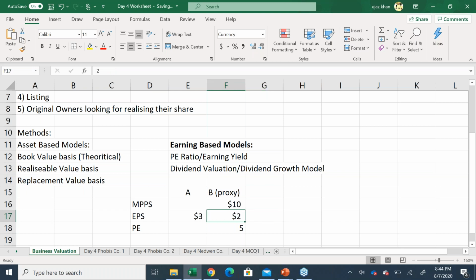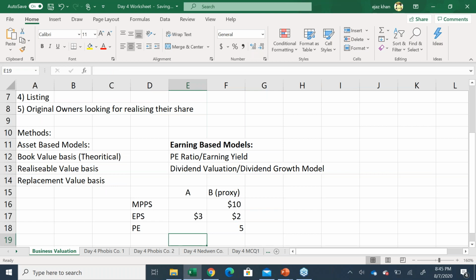This company is giving an earning of $2 every year on a per share basis, and its investors are ready to pay 5 times this earning as the value of the share. So the investors are willing to buy a share for $10 that is generating $2 earning every year. So the PE ratio is 5 times.